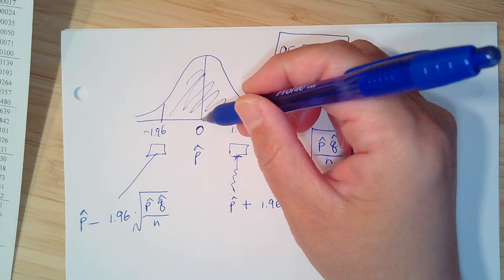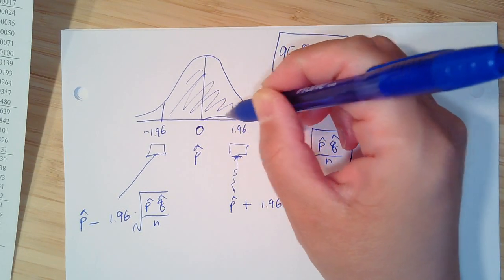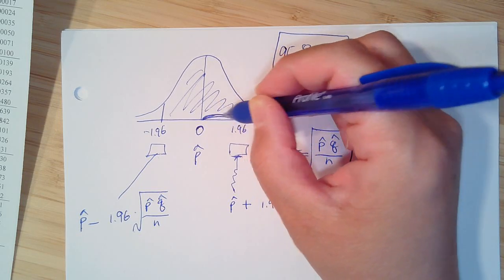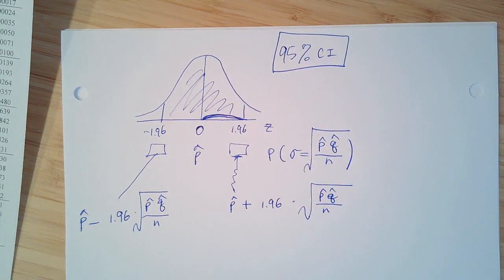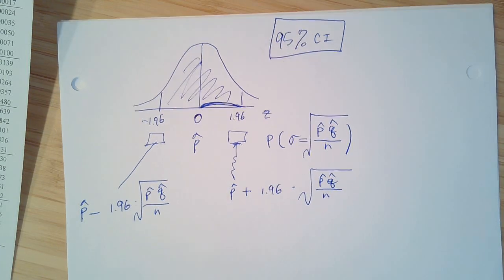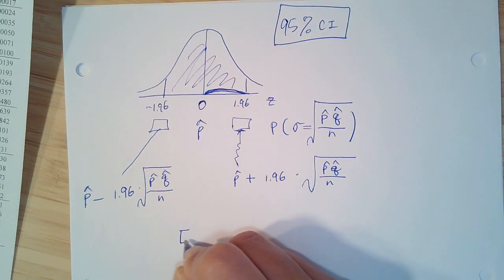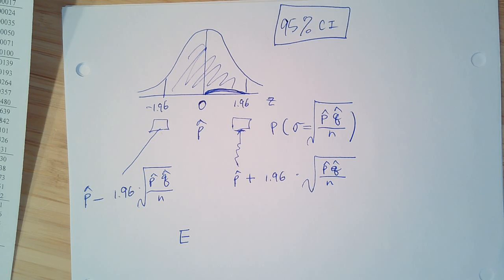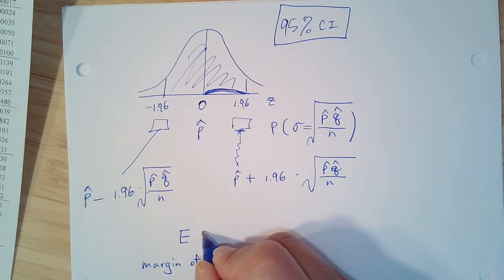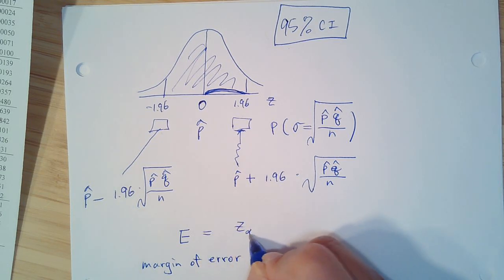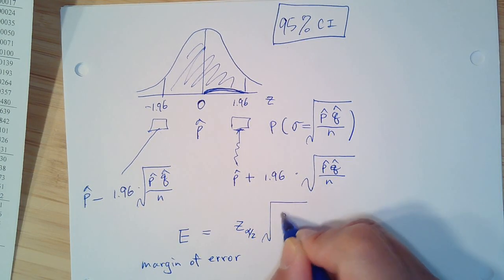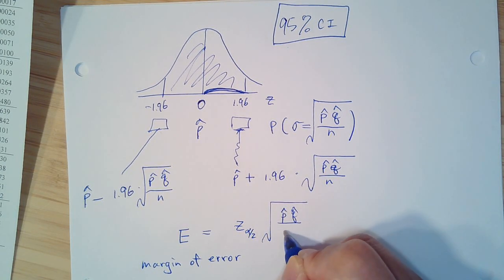And what is from here to here? Okay. I call this margin of error E for proportion. So that's the maximum error. Okay, or we call that margin of error. That is z alpha over 2 times the square root of p hat q hat over n.